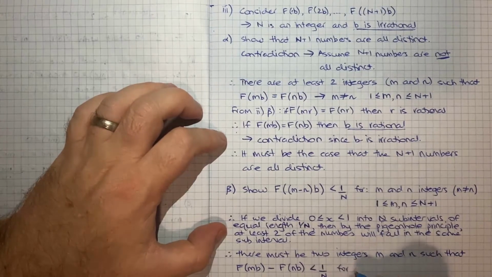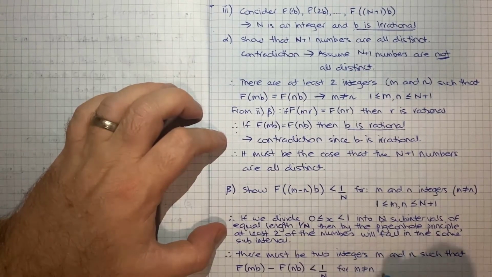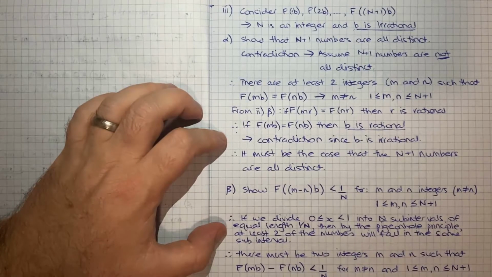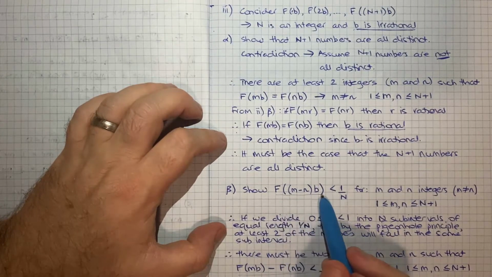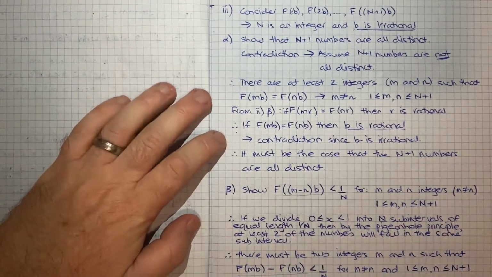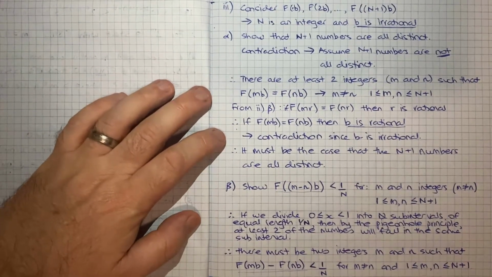For our 2 requirements, m not equal to n and m and n between 1 and capital N plus 1. So that's what we're dealing with, but we now need to get this f of mb minus f of nb into this format, and then we would have done the proof. So I'll just have to turn over at this point.